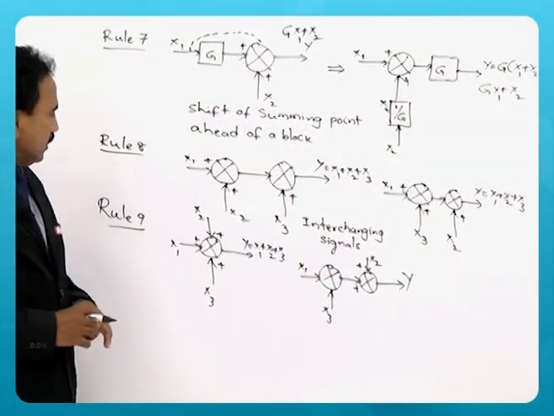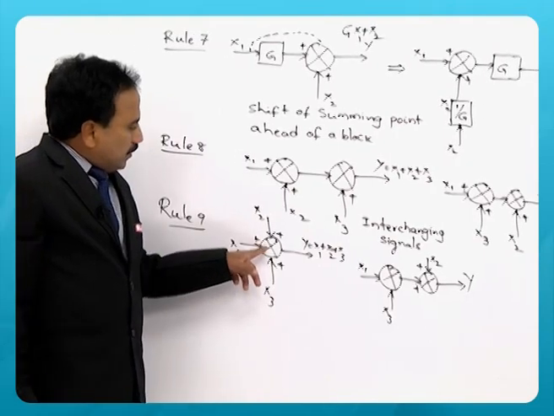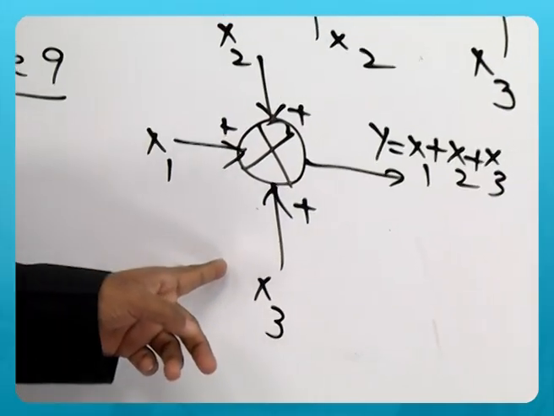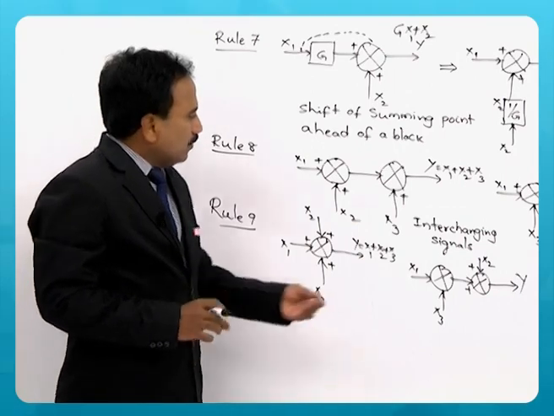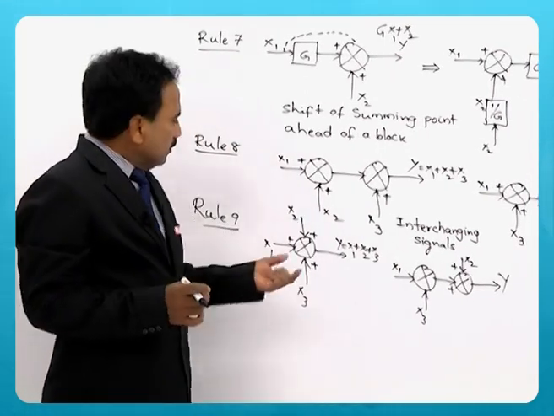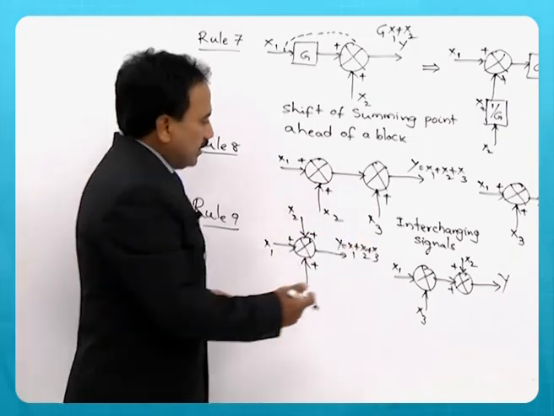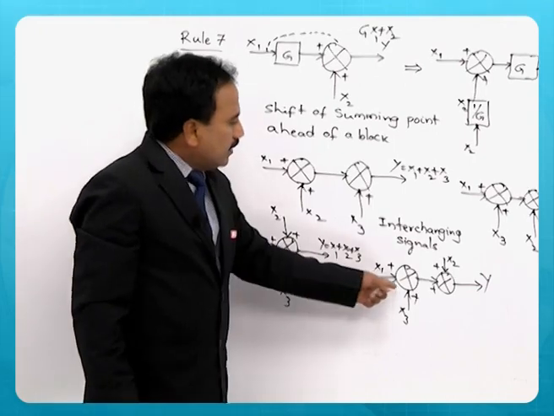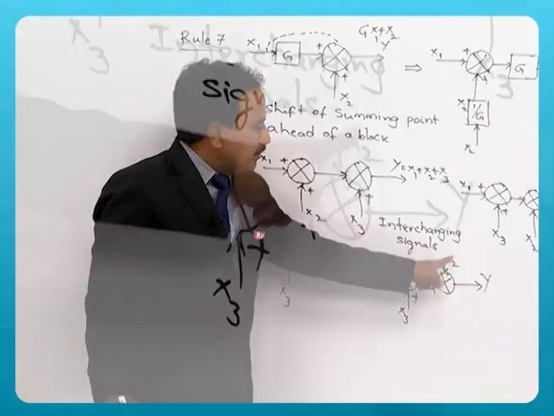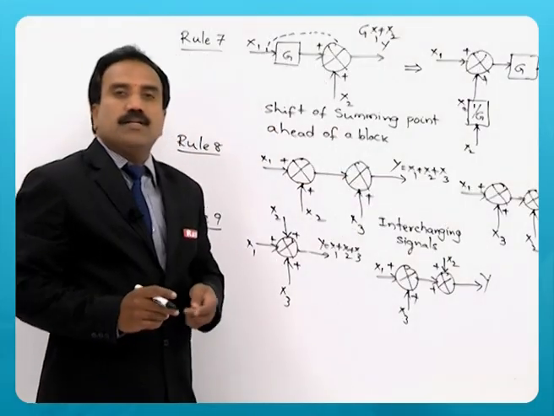Yes, you can see now a summing point has got three input signals, and the output is the sum of all three signals. Now, I have split that summing point into two, so that x1 and x3 are added at this summing point, and that goes to another summing point with x2, and the output should remain the same.